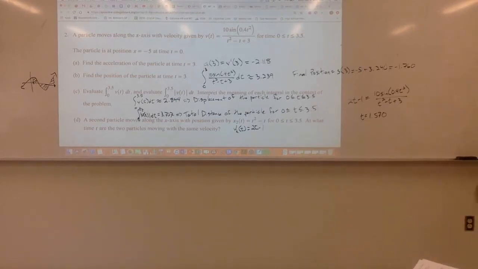Okay. Is that what everybody else got? Just one point of intersection? Do we feel comfortable with finding something like that on the calculator?